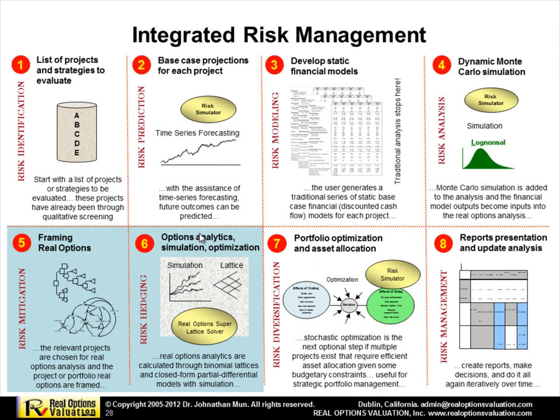Now here is the integrated risk management slide again, one more time. What we're talking about at this point is step number 5 and step number 6 of the IRM process. On 5 and 6, which I've highlighted here, are risk mitigation and risk hedging. So reducing your risk, identifying relevant projects and different pathways or alternatives, if you will, courses of action and analysis of alternatives, AOA and COA.